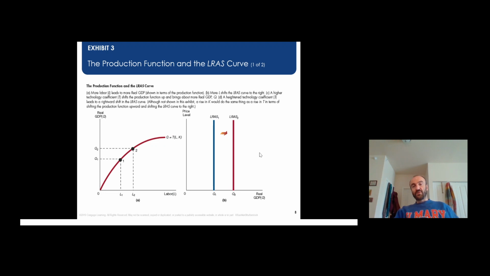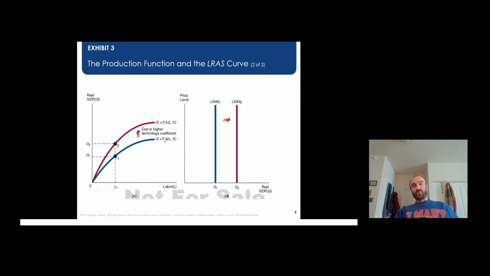Real GDP increases. But the same thing happens if you increase the technological efficiency of your economy. Then with the same amount of labor, you don't have to work longer hours anymore. You now have a superior technology that saves you labor.